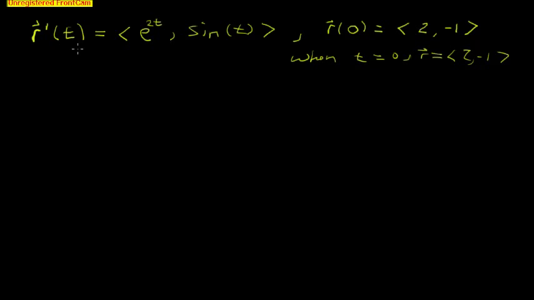Okay, as before, we'll just do an integral here to uncover the derivative. So integrating both sides would give us r of t equals the integral of e to the 2t, which is 1/2 e to the 2t.